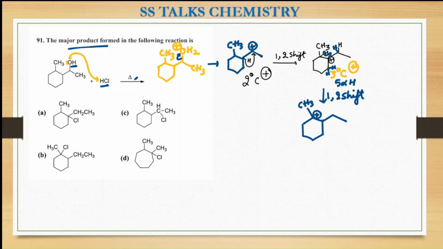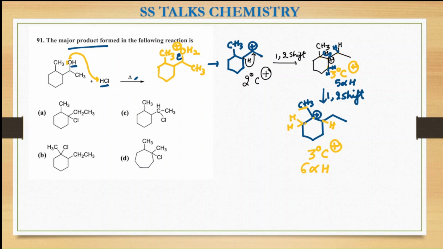So again you get a carbon attached with 3 carbon atoms, so a tertiary carbocation. But here if you count the number of alpha H, 3 of them are present over here, 4 and 5 are on this carbon, and 1 hydrogen atom on this particular carbon center. So here we have 6 alpha hydrogens.